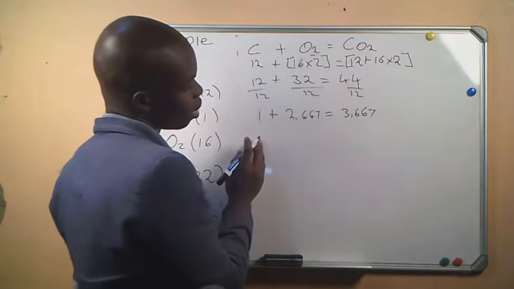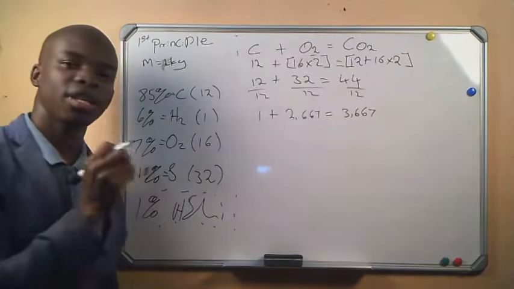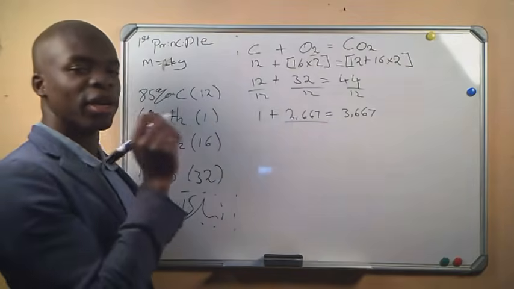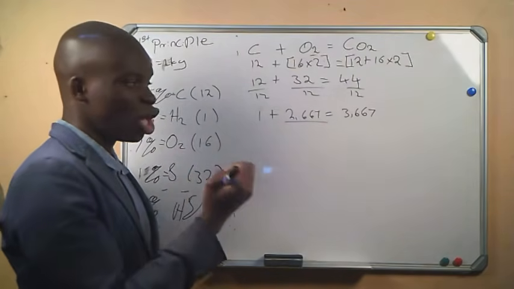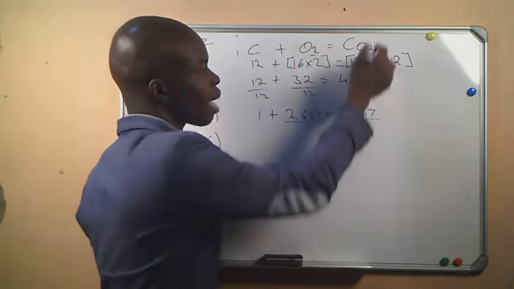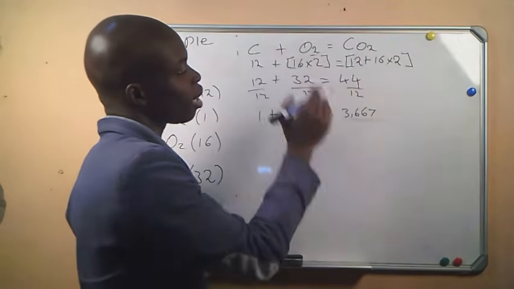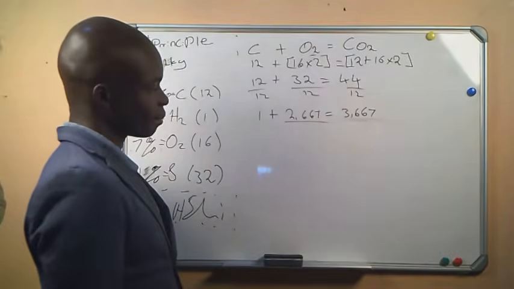So now this tells us that for every 1 kg of carbon, we will need 2.667 kg of oxygen to completely burn the carbon and form carbon dioxide, and then form 3.66 kg of carbon dioxide.